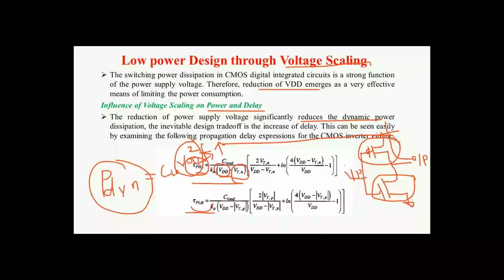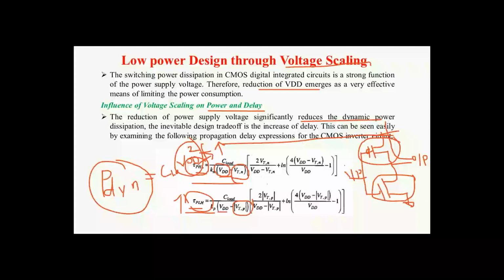This propagation delay is related to the threshold voltage of the PMOS transistor, while the earlier one is related to the NMOS transistor. In both cases, when you reduce the supply, the delay will increase. So we have to compensate the delay by compensating the threshold voltage. That is the technique for low power design through voltage scaling: reducing the supply voltage while also reducing the delay.